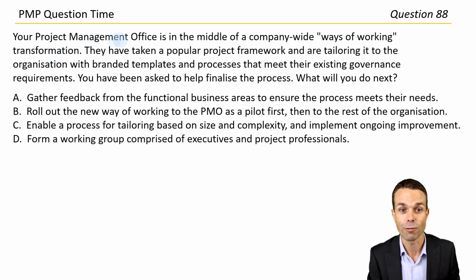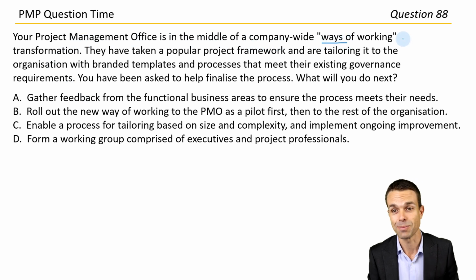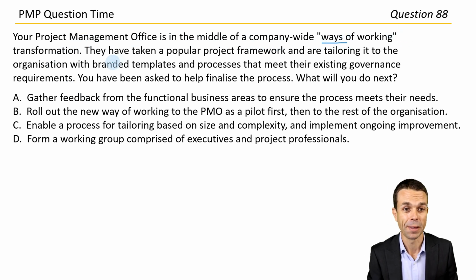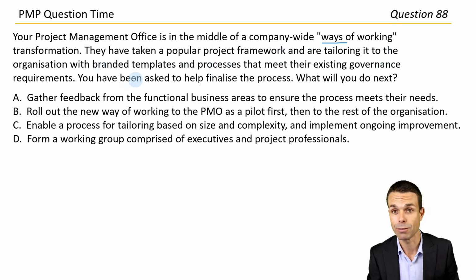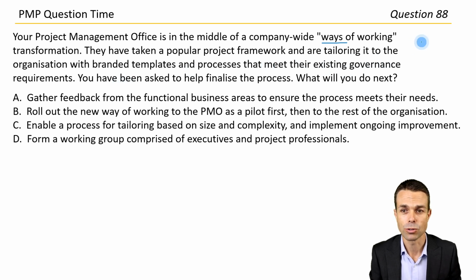Your project management office is in the middle of a company-wide ways of working transformation. Okay, similar situation here. They have taken a popular project framework and are tailoring it to the organization with branded templates and processes that meet their existing governance requirements. So controlling PMO, perhaps?